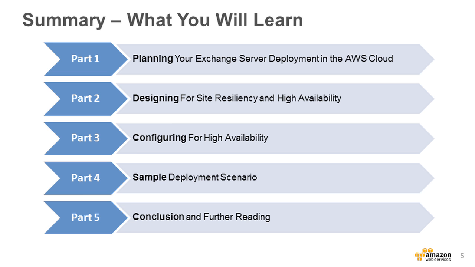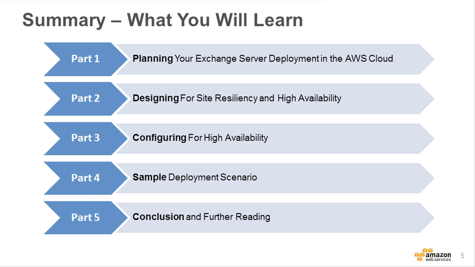So today we walk through this presentation. We talk about the planning aspects, as this is at the heart of any new Exchange deployment or even a migration that you want to perform to the AWS Cloud. We talk about concepts for site resiliency and high availability as they apply in the AWS Cloud.